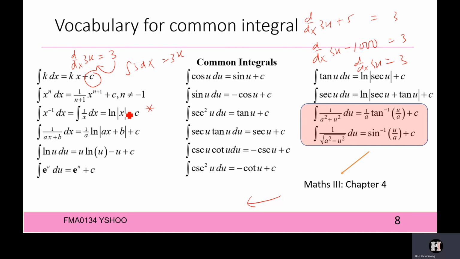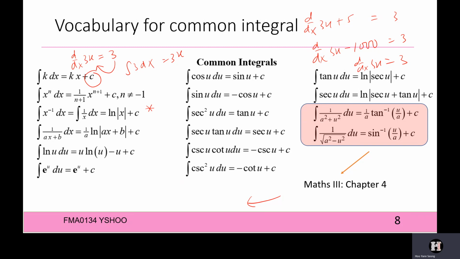Because the logarithmic function can only take positive values. The same happens for the form 1 over ax plus b, which is also logarithmic. One thing very special about logarithmic is you can only differentiate ln, you can't integrate it by the vocabulary. If you look at the vocabulary, integrating ln u or ln x doesn't exist.